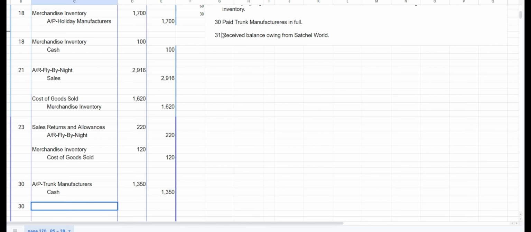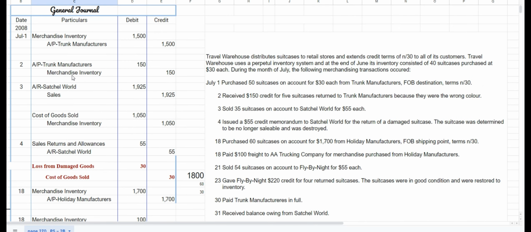Now on July 31st, you received the balance owing from Satchel World. So when you're receiving money, debit is cash and credit is accounts receivable. And how much are they going to pay you? Let's take a look.